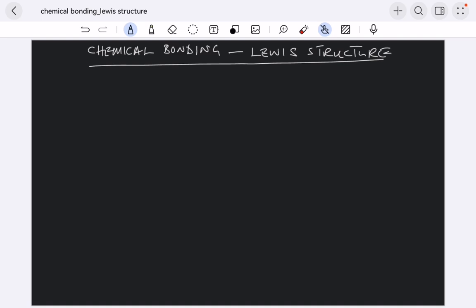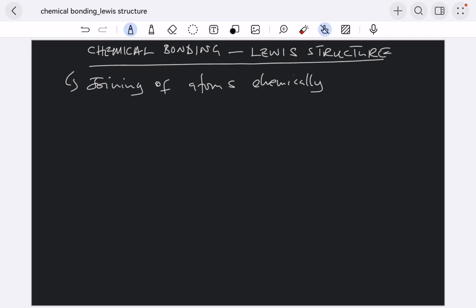So in today's lesson, we are going to look at chemical bonding using the Lewis structures. Chemical bonding is just the joining of atoms, obviously chemically.